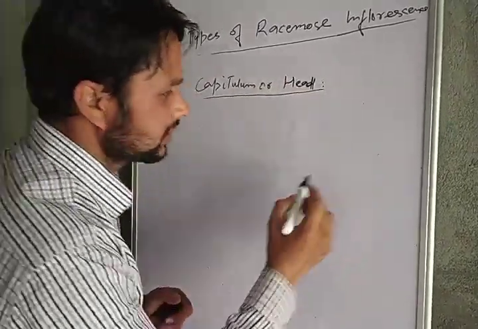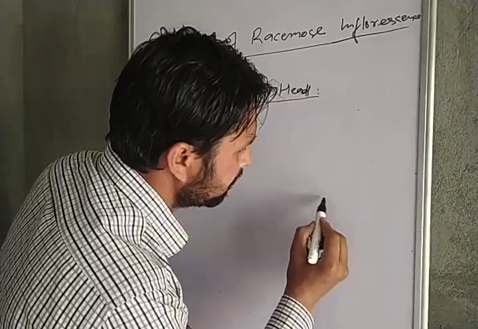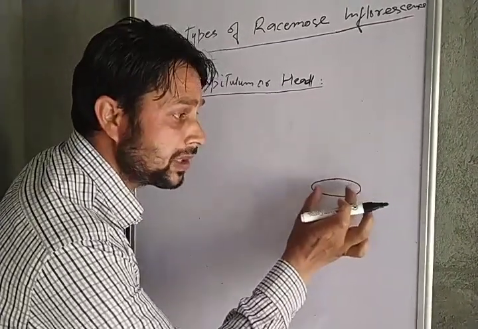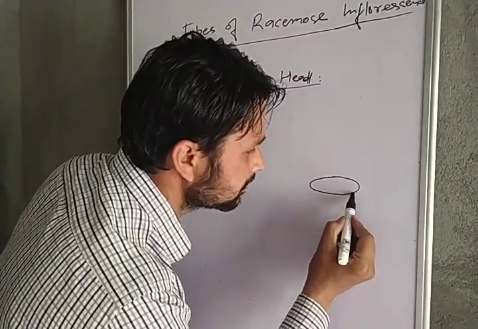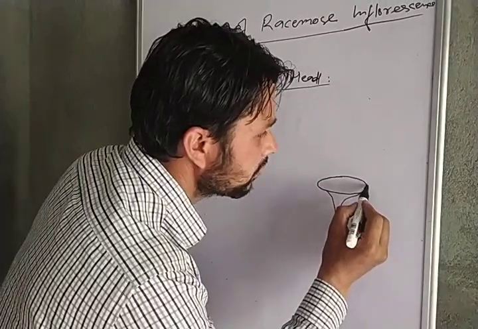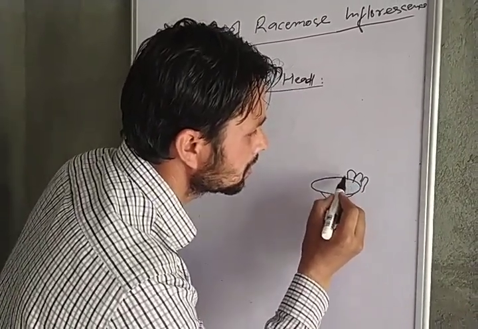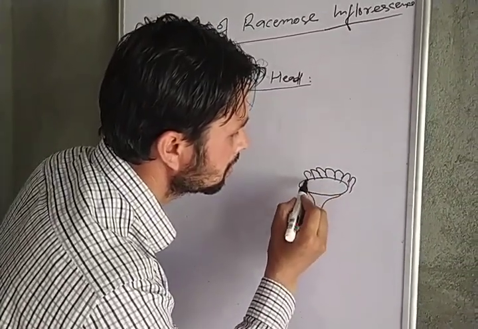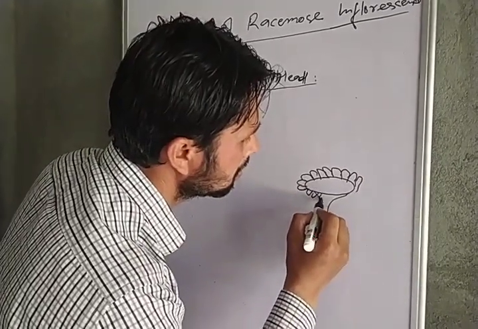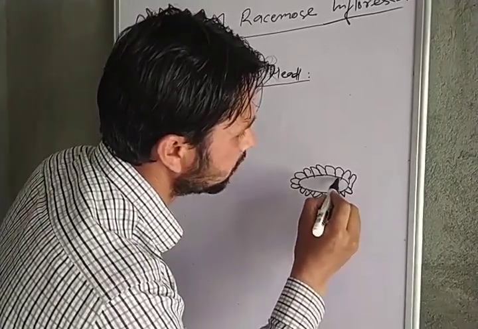What happens in this? The peduncle becomes saucer-shaped, and flowers are arising on this.